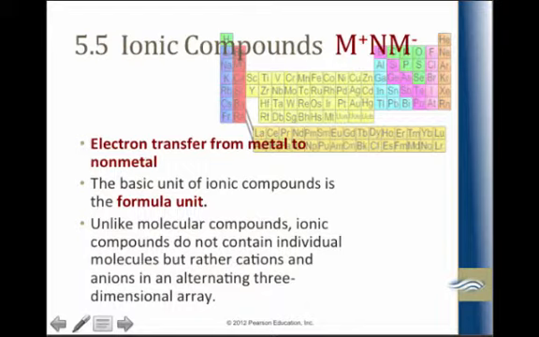We're now going to focus on the ionic compounds. That's when the metal gives its electrons to the nonmetal, and as a result we have a metallic cation and a nonmetal anion.